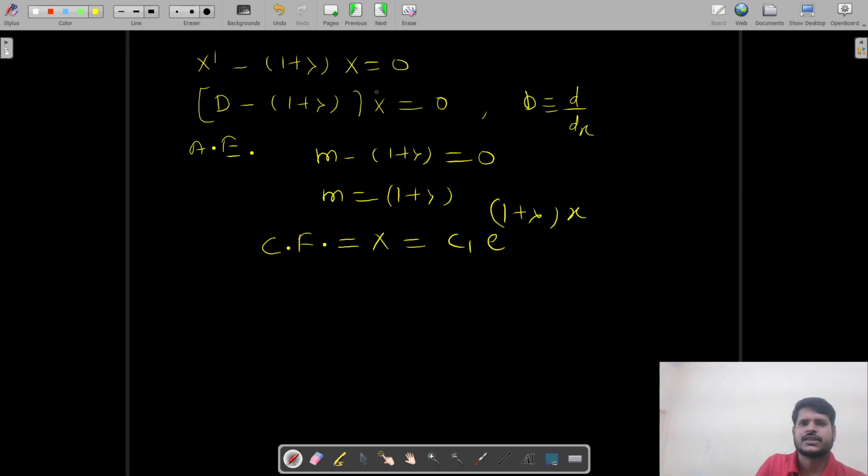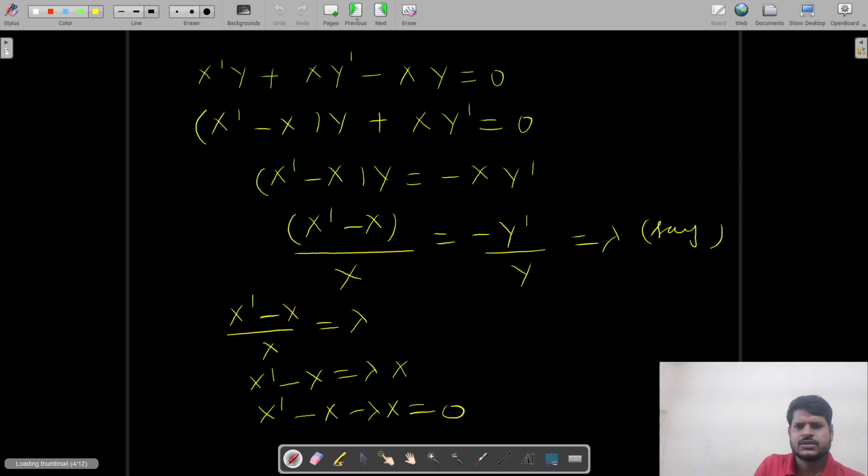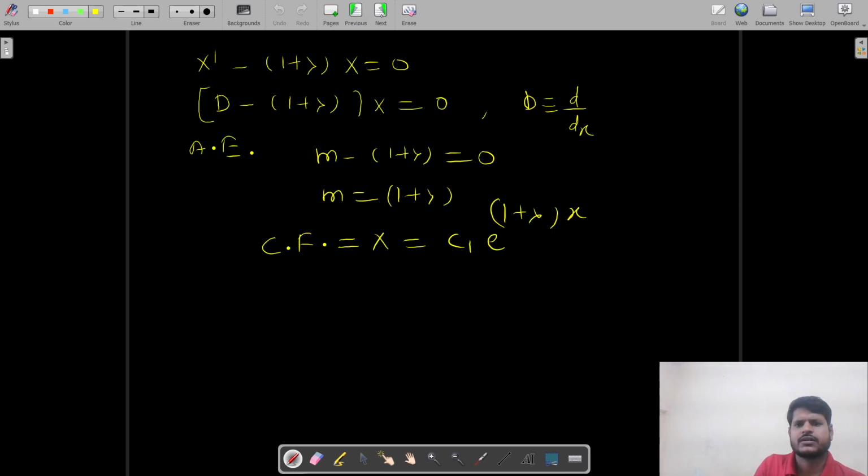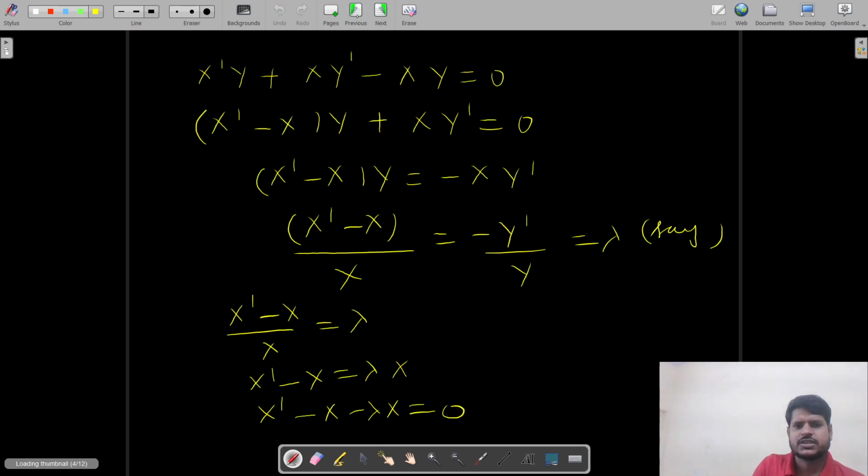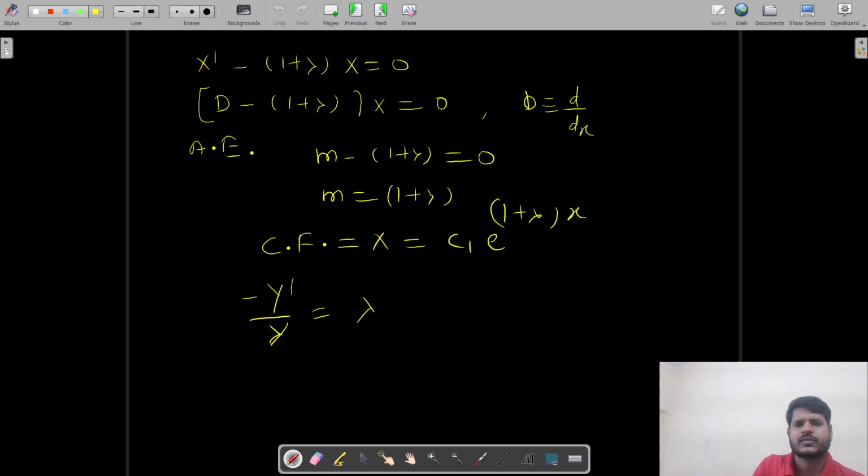Now we take the next one, that is minus Y dash upon Y equal to lambda. So what we have to do?